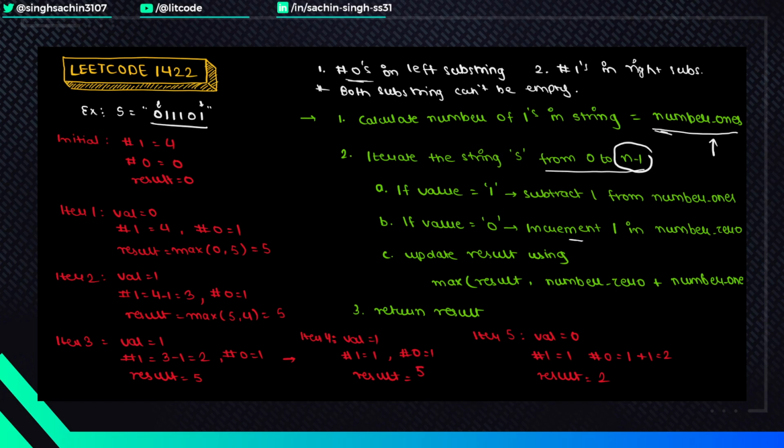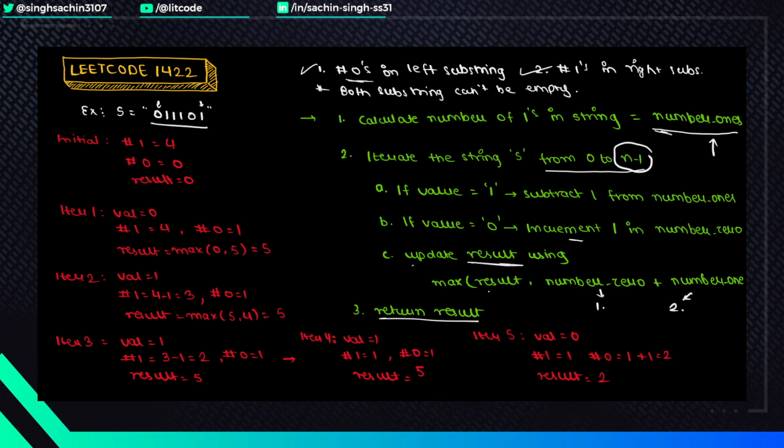Once done with this step, I'll update the result. The result is the variable which I'll be returning at the end. To update that, I'll take the maximum of the current value and number of zeros plus number of ones. In number of zeros we have our first point, in number of ones we have our second point.